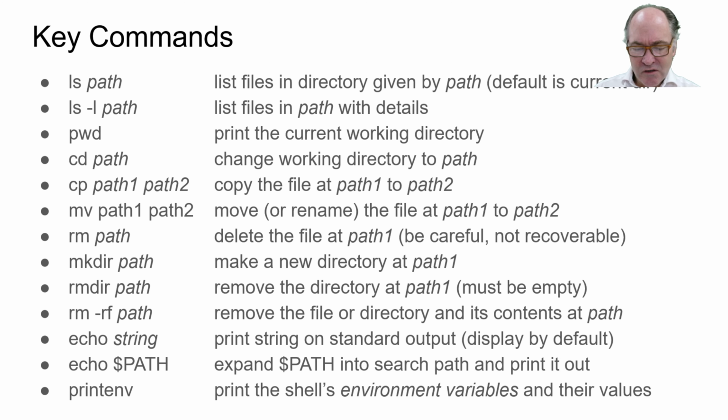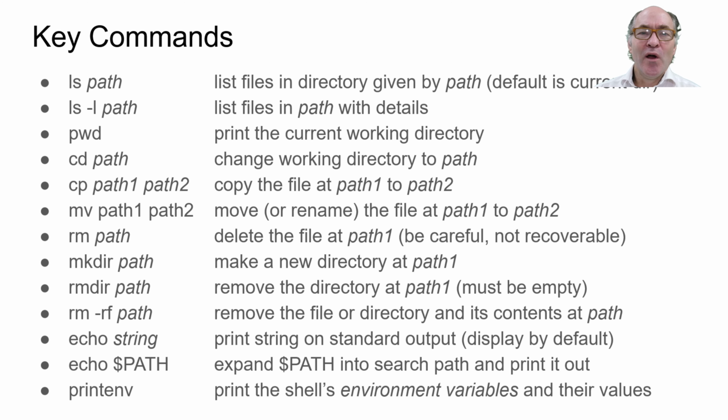So a command is rm for remove, -r means recursive, so go from the given path and to all files below it. rm -rf, the f means force, so don't give up if you find a non-empty subdirectory. Just delete an entire directory and all of the paths underneath it. So rm -rf and then a path will remove all the files at and below a given point in your file system.